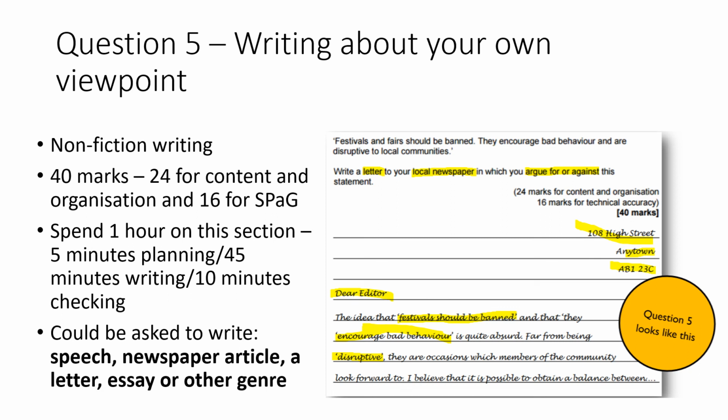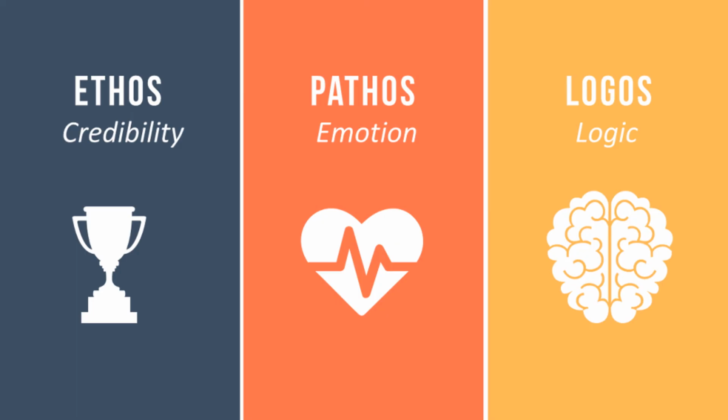Pathos is where you're talking about the emotions, you're appealing to the emotion of the audience. And then logos is what you are going to do to rectify it. As I said, ethos is credibility, setting out the reasons behind your argument. So why do you not think, for example, festivals are disruptive to the community?